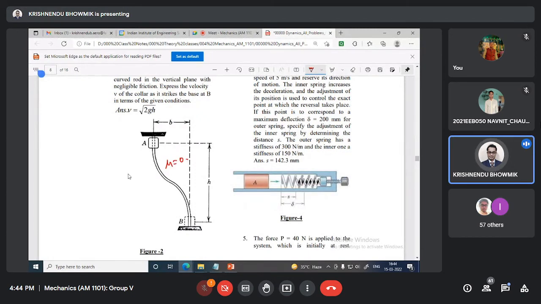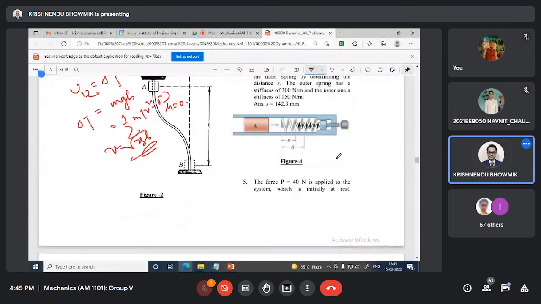If I add the friction you have to consider it, or else U12 will be delta T, mgh equal to half m v square minus 0 square. Simply we will get these equations, that you can write v equal to square root 2gh because there is no friction here.